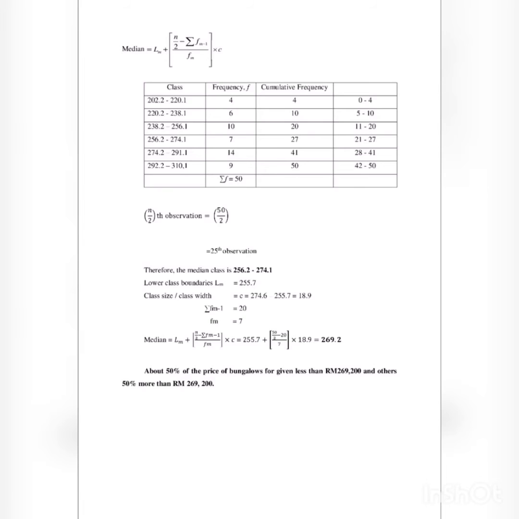So we put all the data given into the formula and we get the answer 269.2. Thus about 50% of the bungalow prices are less than RM269,200 and the other 50% are more than RM269,200.